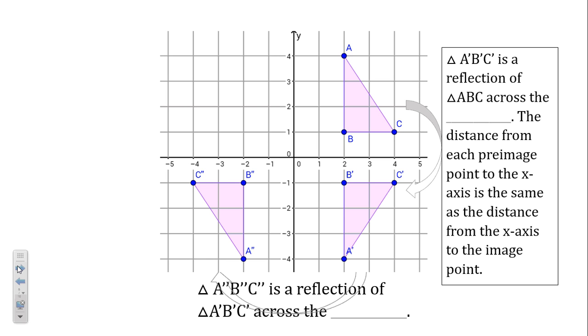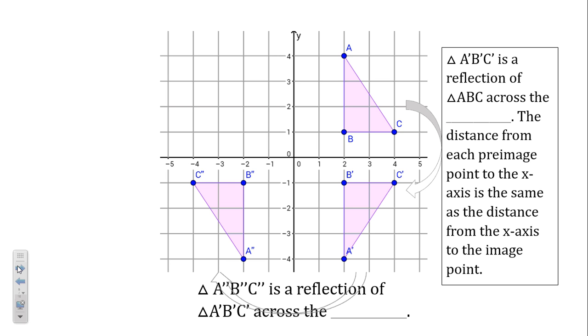Good. Now, what happened from here is we took this image and we reflected it across where? The y-axis. So put y-axis on your blank. And that means that since B prime was 2 steps away from the y-axis, B double prime is now 2 steps away from that y-axis.